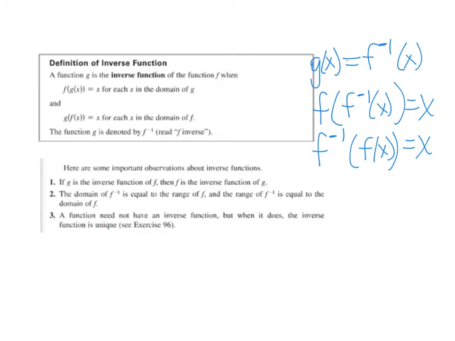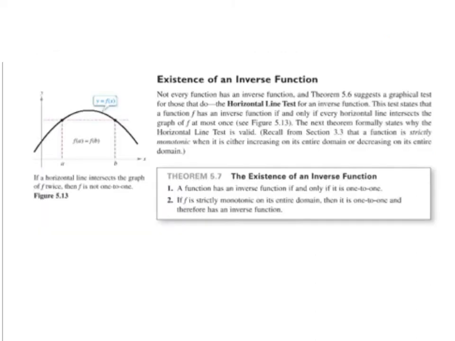You can do the process of finding an inverse, but the inverse doesn't necessarily become a function. So when it says an inverse function, it will always have an inverse, but the inverse is not always a function. You remember from algebra to pre-calculus that the existence of an inverse function can be determined from a graph.